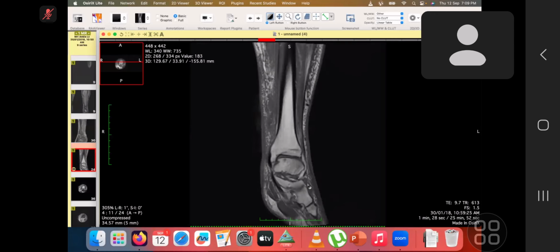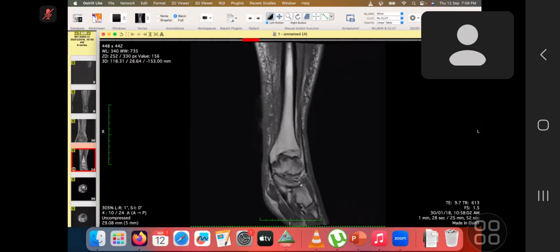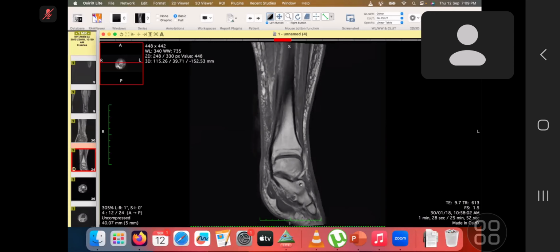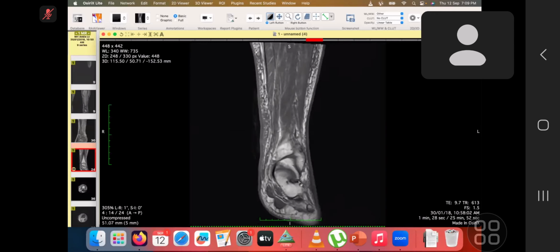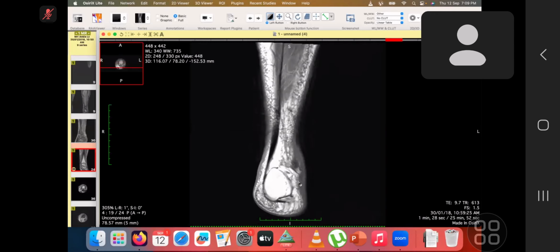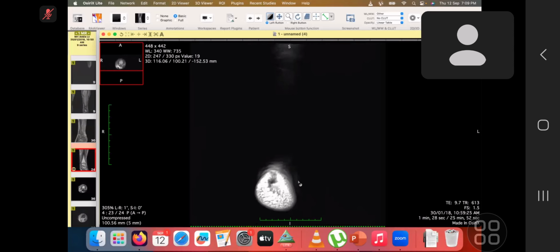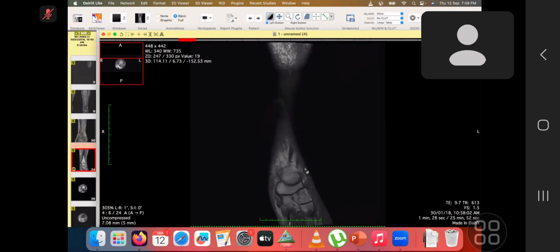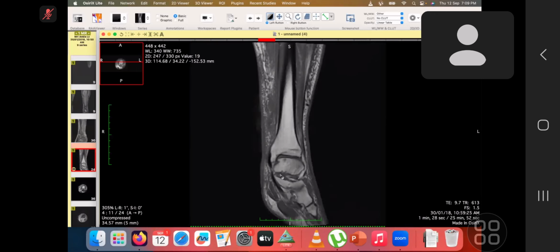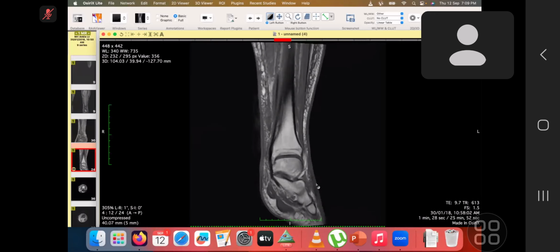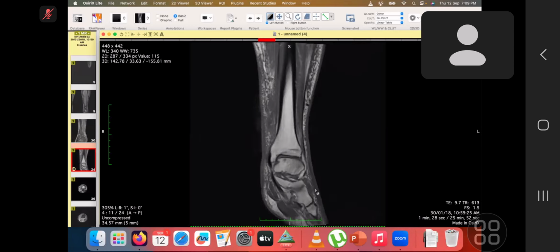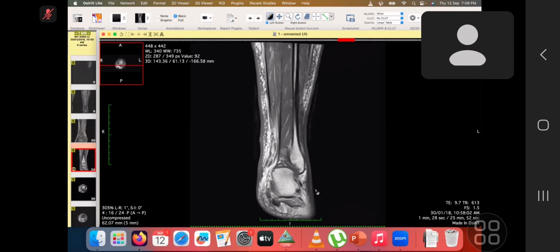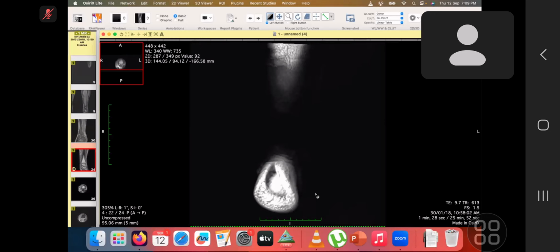The talar dome itself, I don't appreciate an osteochondral defect. At this point of time, I'm thinking of a possible infective process at this region, but I don't see a fracture line.